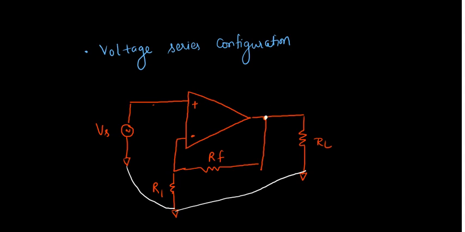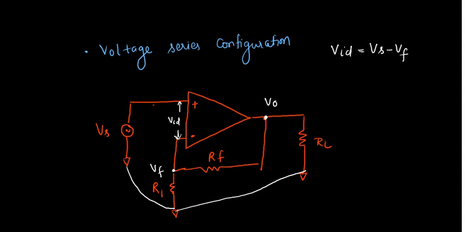So this is the output, right? So the output voltage you are feeding in series with this, correct? Because this is your VID, which will become Vs minus Vf. VID is Vs minus Vf, correct?